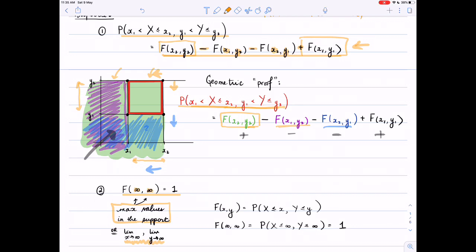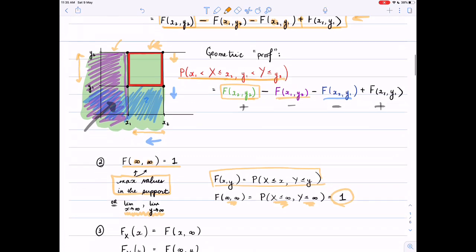To see why that is true, well, this is the definition of the joint CDF. And if we're taking the maximum values, or the limit as we go to infinity, x is always less than or equal to its maximum, y is always less than or equal to its maximum, and so that probability is 1.